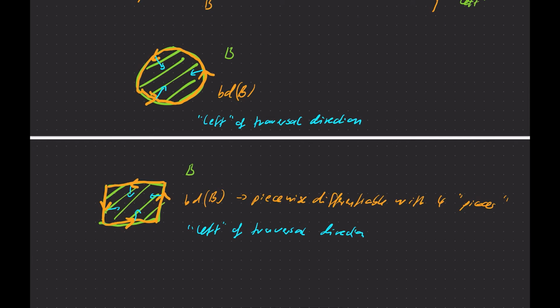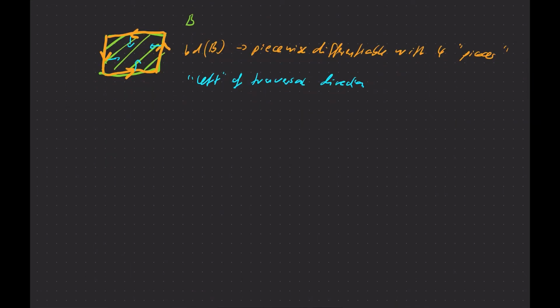And finally, I also said there may be finitely many such piecewise differentiable curves. So let's see an example of where we need more than one curve on the boundary. And again, we'll take the most prominent example for that. It's the donut in dimension 2. It looks like this.